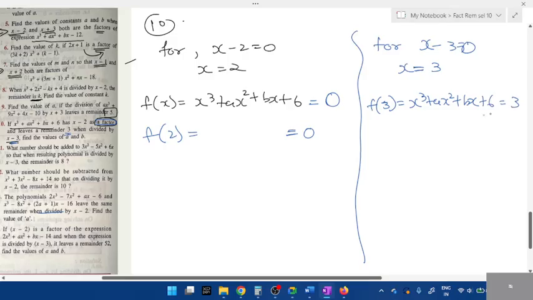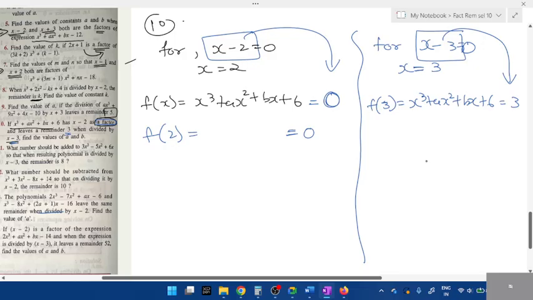Is this clear? Did you understand? So I'll repeat again. For this part, students, what's the remainder they've told? If it's a factor, remainder you have to take it as 0. And for this part, what's the remainder they've given? 3.